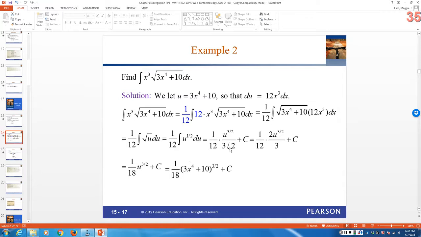So they took 3/2 and multiplied times u to the 3/2 and put the 2 up there with the u and put the 3 in the denominator. And then they further multiplied and canceled by saying 2 goes into 12 6 times, and 6 times 3 is 18. So all the way cleaned up, it's 1 over 18 times what was in the parentheses to the 3/2 power plus c.